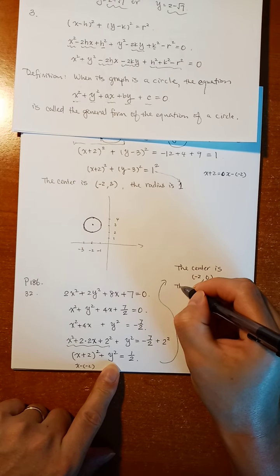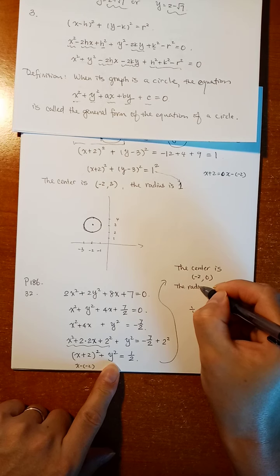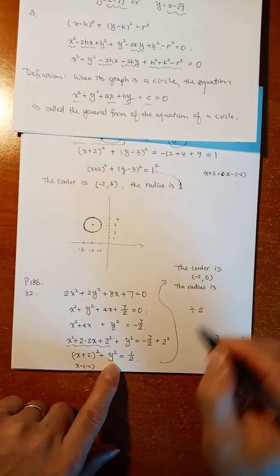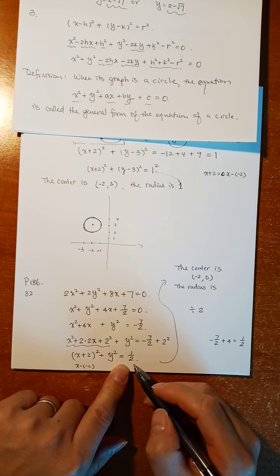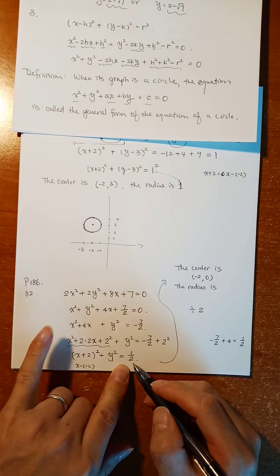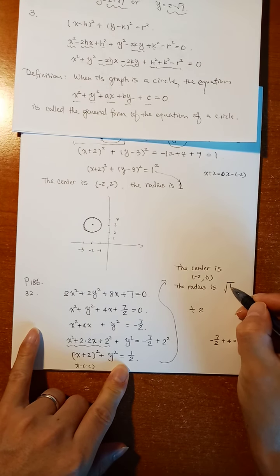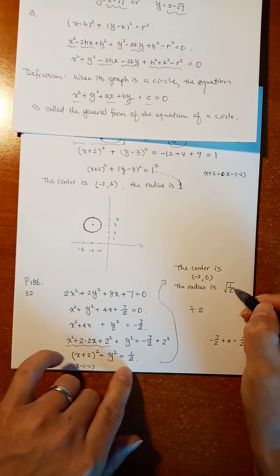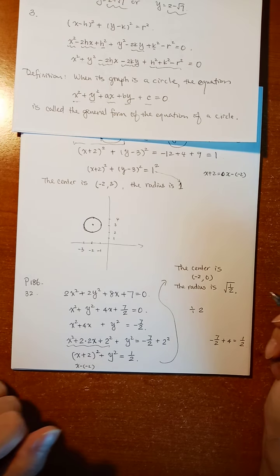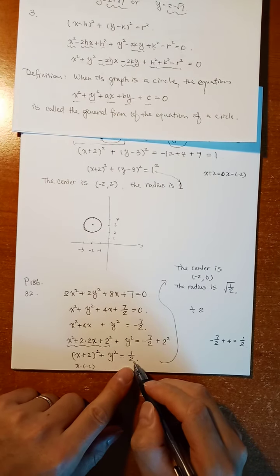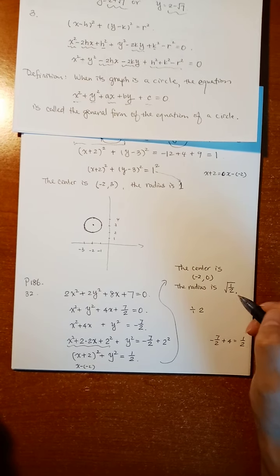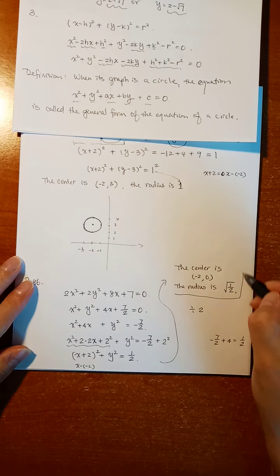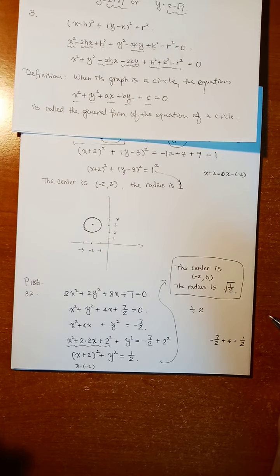The radius is, you need to find something whose square equals 1/2. Which number has a square of 1/2? The square root of 1/2 has a square of 1/2. If it is not a perfect square, you just put the positive square root, and that's it. This is the center and the radius.